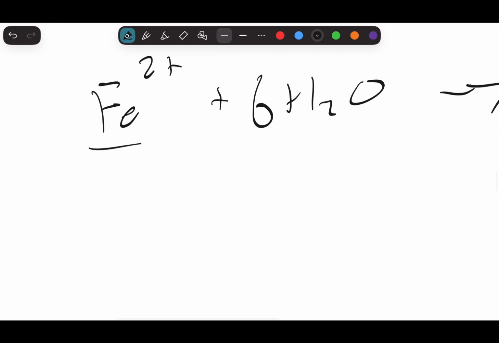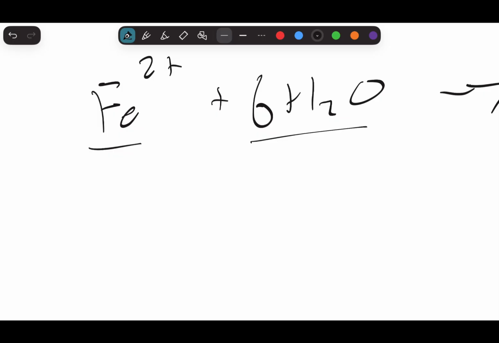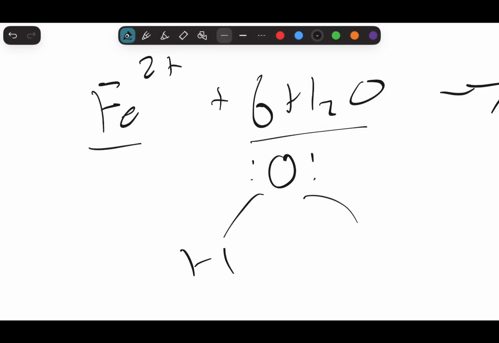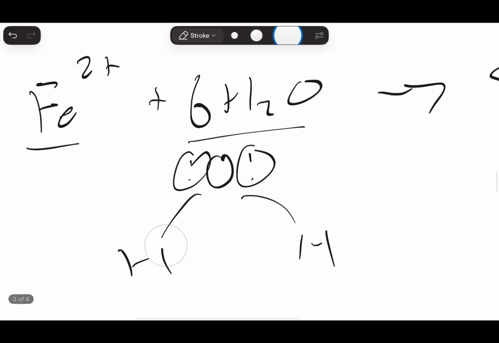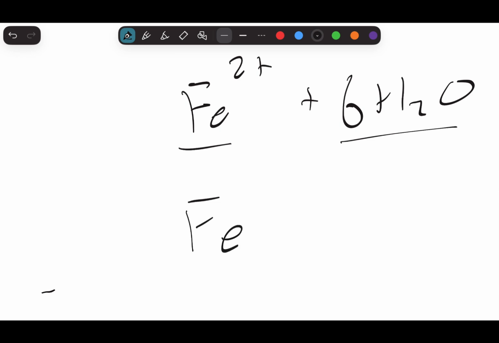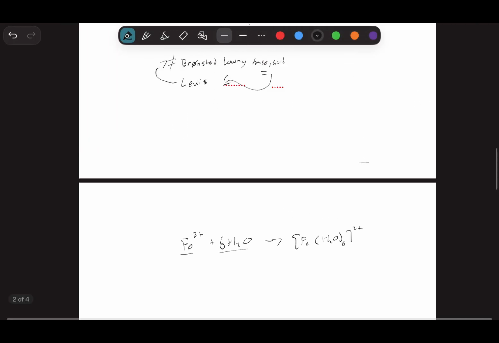This is a metal cation, and this is a base because it's electron rich. The O has two lone pairs, along with the H and H, so there are clearly extra electrons. However, the Fe is not at a full octet, if I'm right, I'm not really sure, but you get the point. The Fe doesn't have a full octet, which means it's electron deficient.